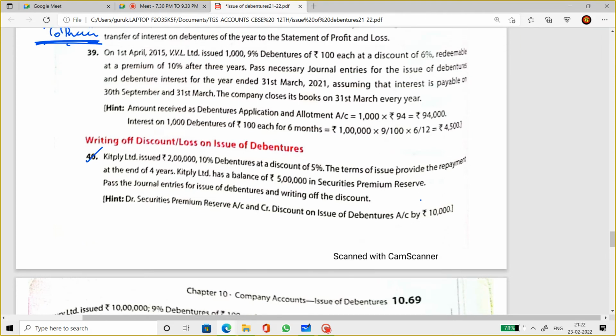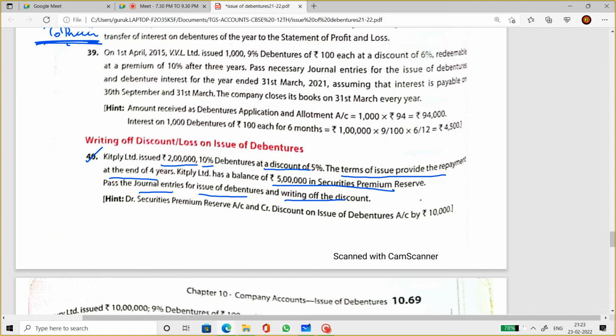Kitply Limited issued rupees 2 lakh 10% debentures at a discount of 5%. The terms of issue provided repayment at the end of 4 years. Kitply has a balance of 5 lakh in the SPR account. Pass journal entries for issue of debentures and writing off of discount. Here it is rupees 2 lakh debentures, the face value is not given.